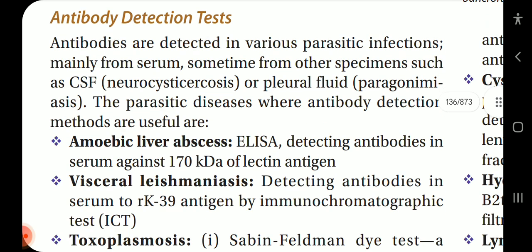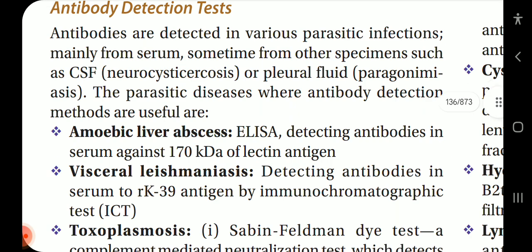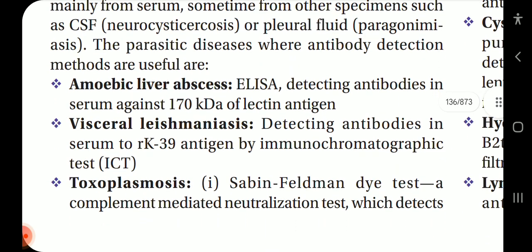Antibody detection test. Antibodies are detected in various parasitic infections, mainly from serum, sometimes from other specimens such as CSF in neurocysticercosis, or pleural fluid in paragonimiasis.